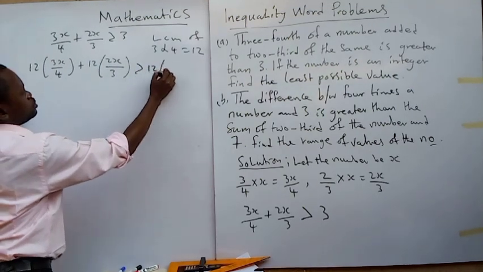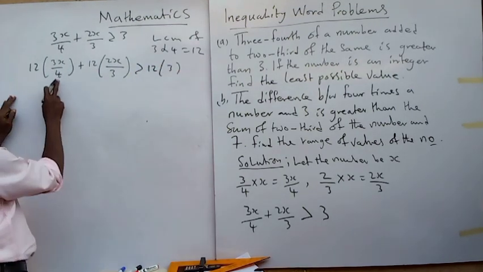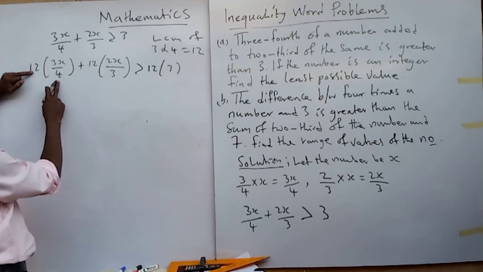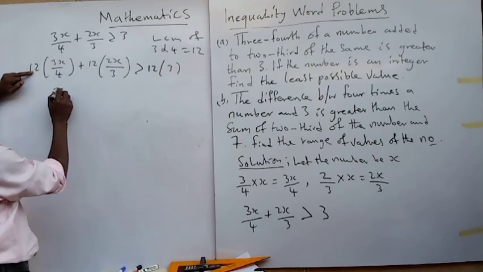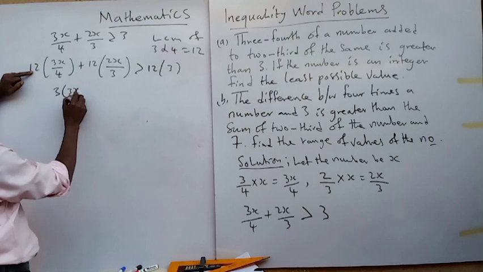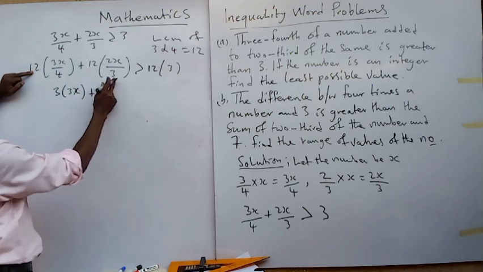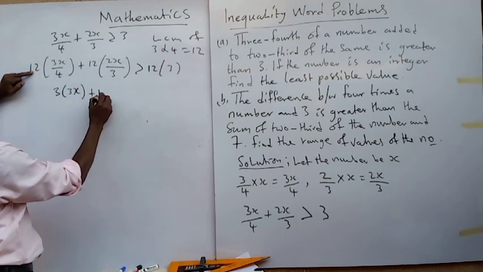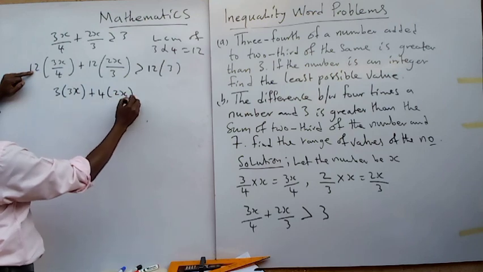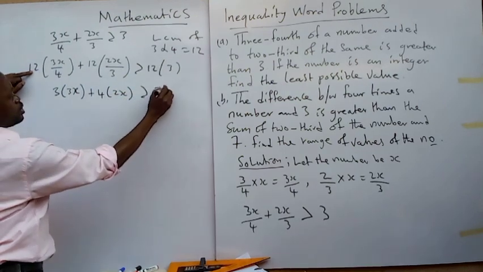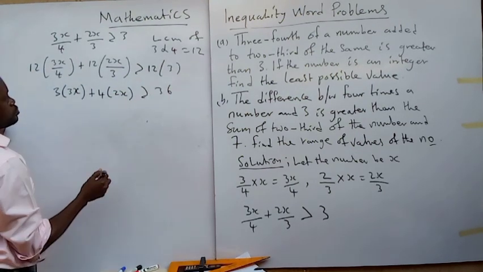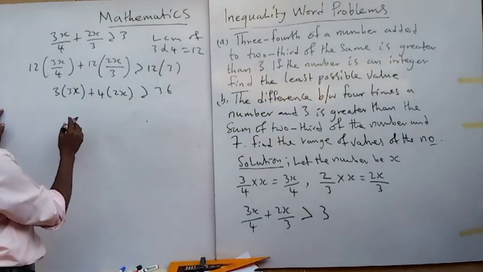Okay, 12 divided by 4 is 3. So I have 3 bracket 3x, plus 12 divided by 3 is 4. So I have 4 bracket 2x, then greater than 36, 12 times 3. What else do we have here?